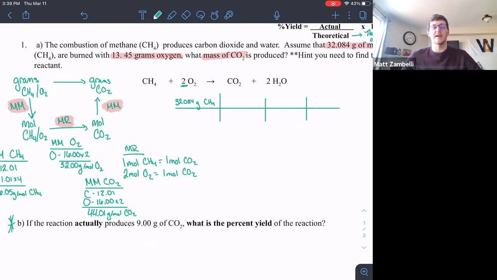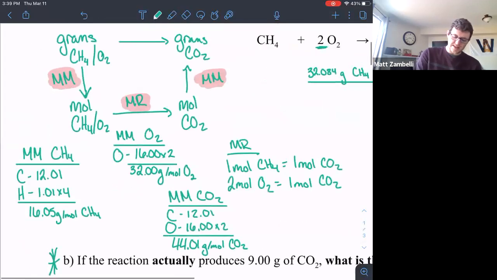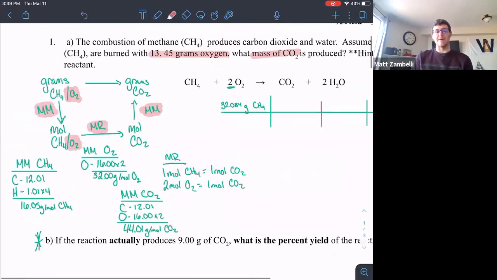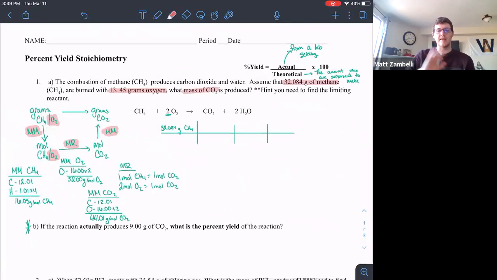All right, so we're trying to get grams of CO2, so we're not going to go to grams of O2. Careful, that's a different problem. The grams of O2 is a separate problem than this one, and it's going to be a different setup, so we'll do it a second time.